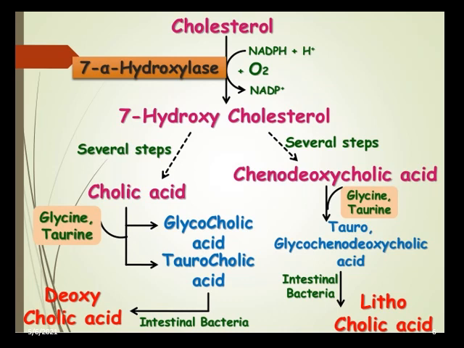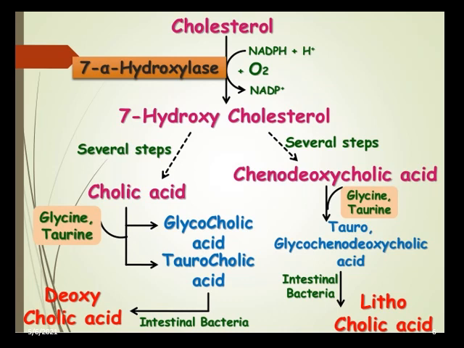Now let us discuss the steps in detail. The first step is the hydroxylation of cholesterol. This occurs by a microsomal enzyme known as 7-alpha hydroxylase, which hydroxylates cholesterol to 7-hydroxycholesterol, an additional hydroxyl group at the 7th carbon atom of the cholesterol molecule.